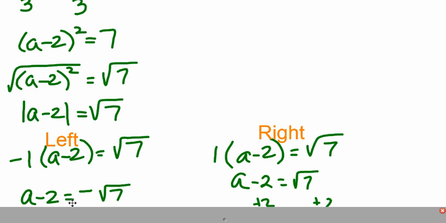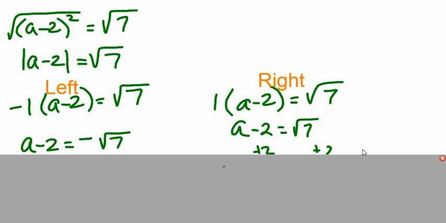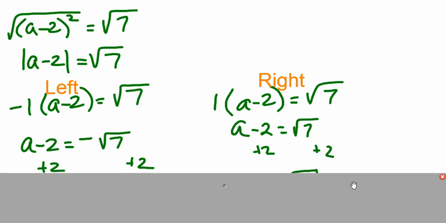And then we can see that we've got the subtraction. So in order to undo the subtraction, we would add 2 to each side. And so we have to ask ourselves, since we're adding 2 to each side, this will make the 0, so we'll have a equals. Again, this makes the 0, so we'll have a equals. Are 2 and the square root of 7 like terms that we can combine?